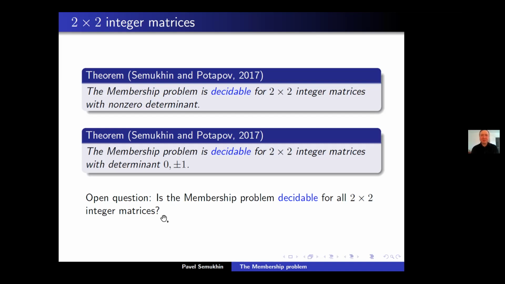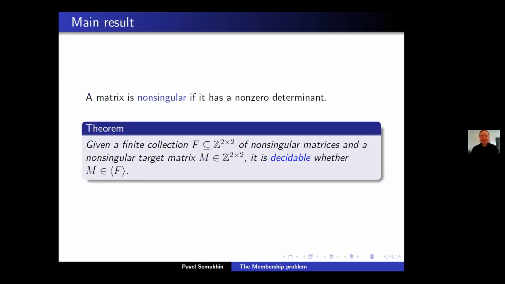So in this talk, I will go through the main steps of the proof of this first theorem for matrices with non-zero determinant. I will be using the word non-singular, which simply means matrices with non-zero determinant.